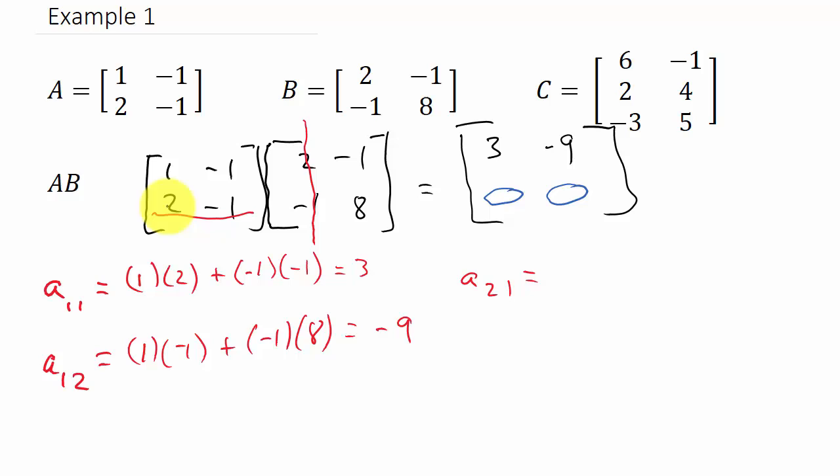So that's going to be 2 times 2 plus negative 1 times negative 1. That's 4 plus 1, which is 5.